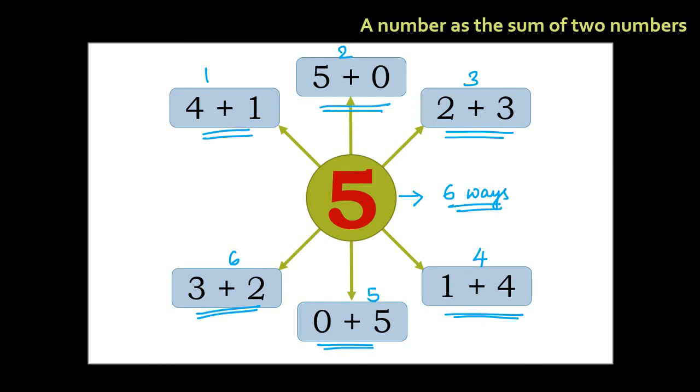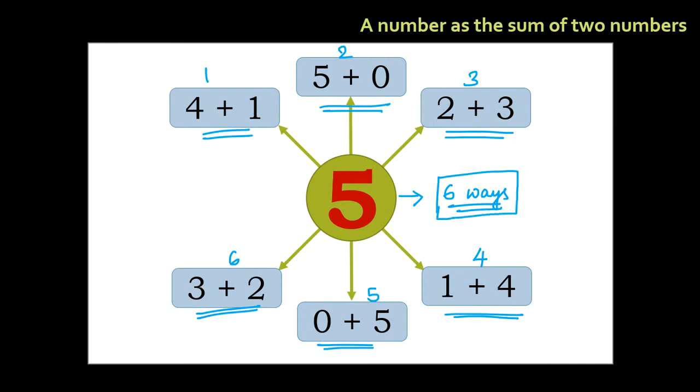So therefore, any given number can be expressed as sum of two numbers. The number of addition statements will be one more than the given number. If we are writing the number 5 as sum of two numbers, then there will be 6 ways of writing 5 as sum of two numbers.